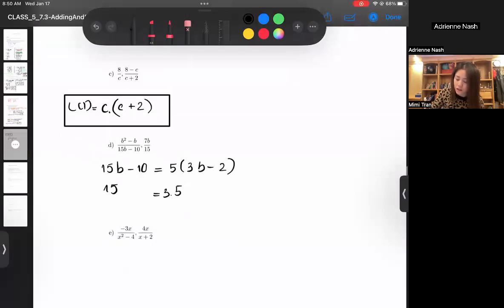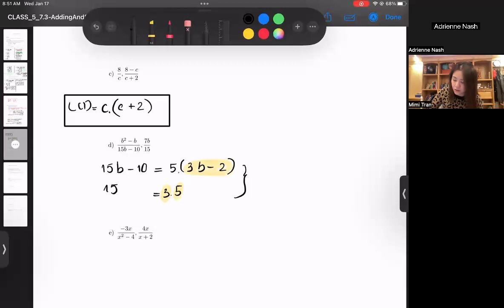So what is the LCD? You do the same thing that you did before. You want to pick the factors, so let's start with the 3. I got one 3, and then another 5, and then what else? 3b minus 2.